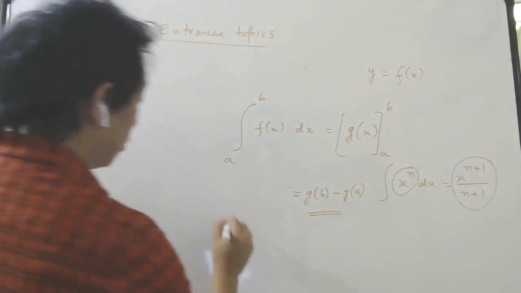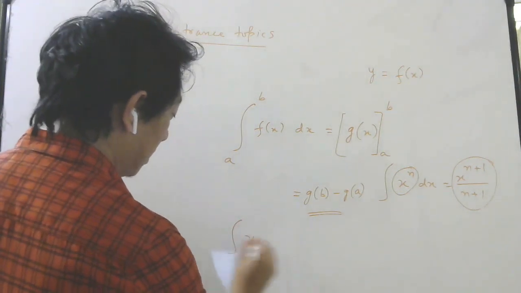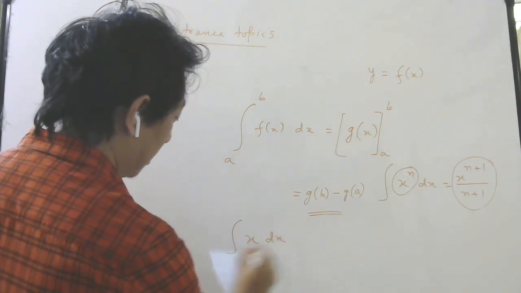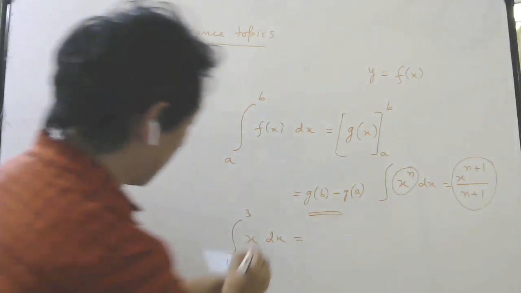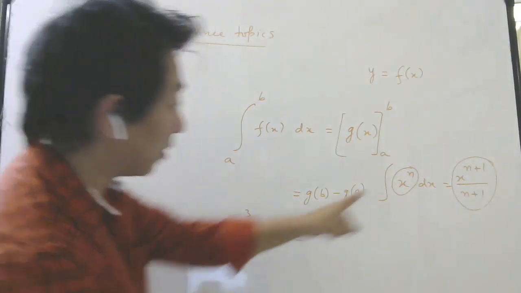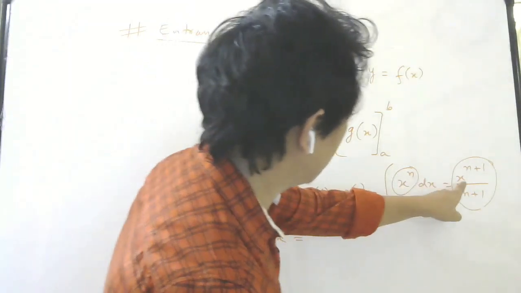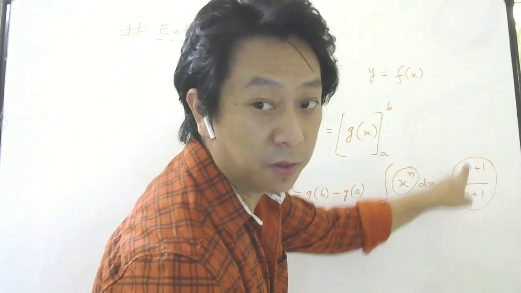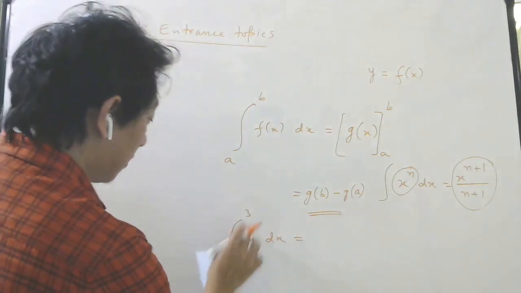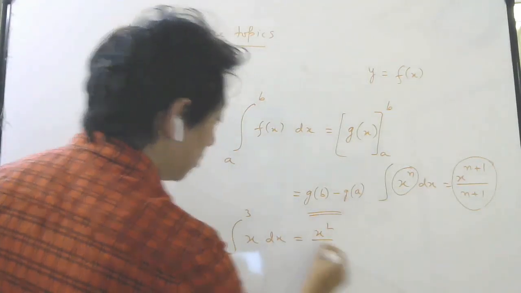So let me quickly show you one example. Suppose I want integration of x dx from 1 to 3. So what is the answer? What is the power here? 1. So use the formula. If this power is 1, what will be the answer? x power 1 plus 1 divided by 1 plus 1. That will be x power 2 by 2. So integration of x dx is x squared by 2.